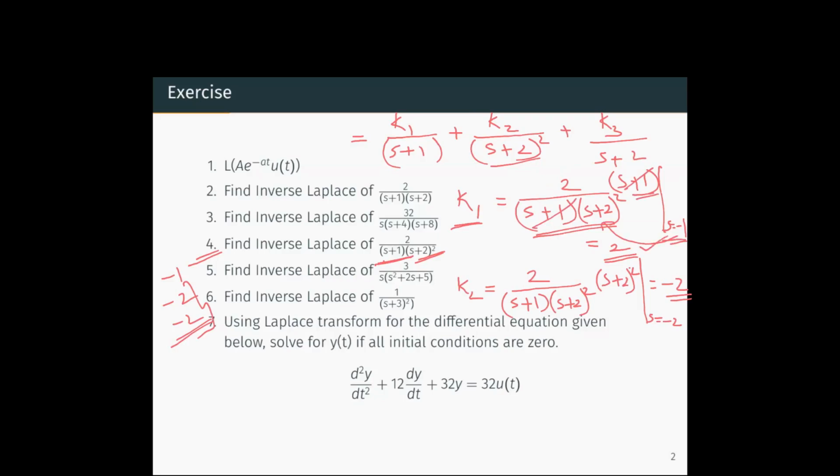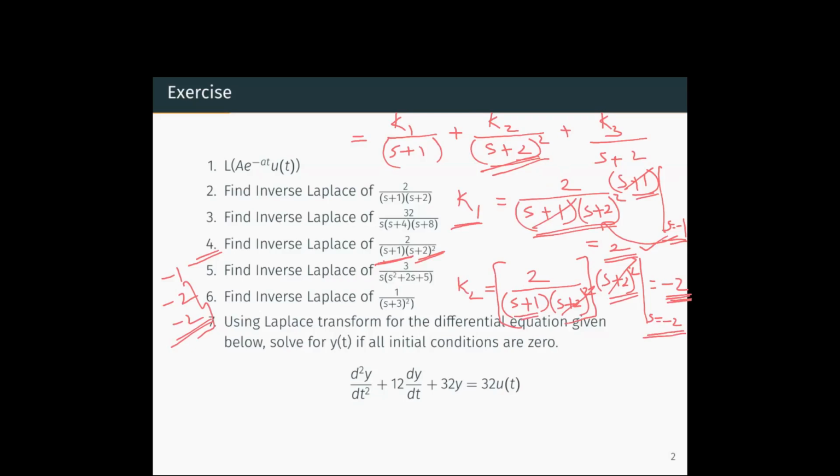Now to find k2, again we will multiply our function with (s plus 2) the whole square. This cancels, and we substitute s equal to minus 2. When you substitute s equal to minus 2, we get the value of k2 as minus 2.